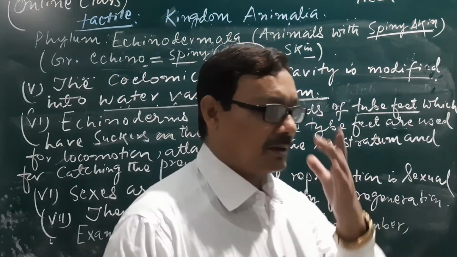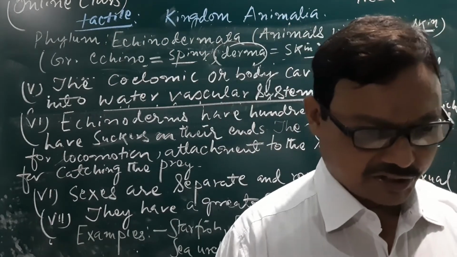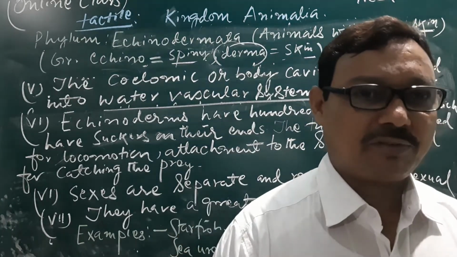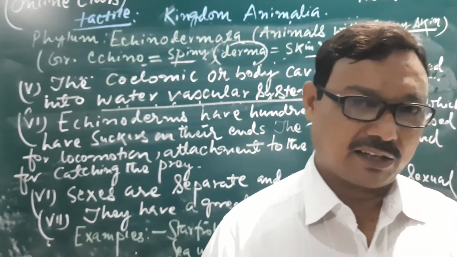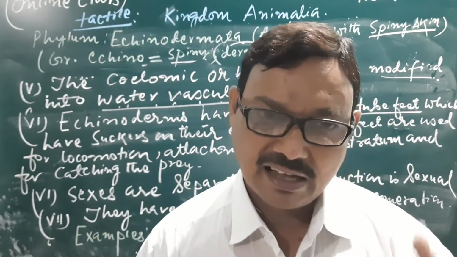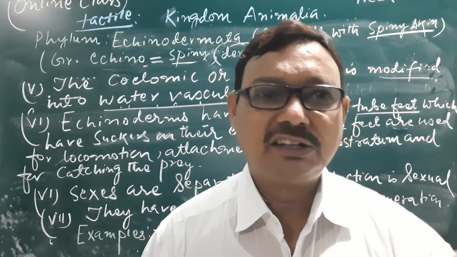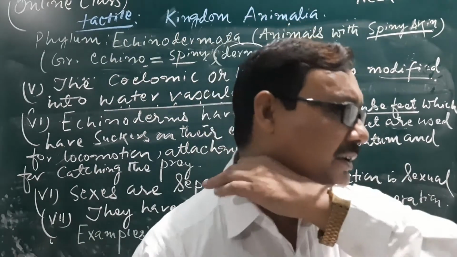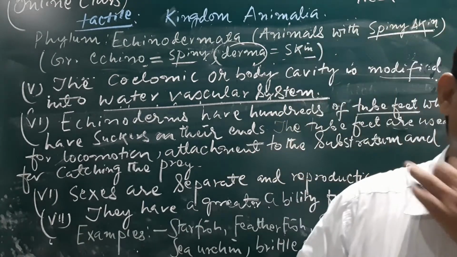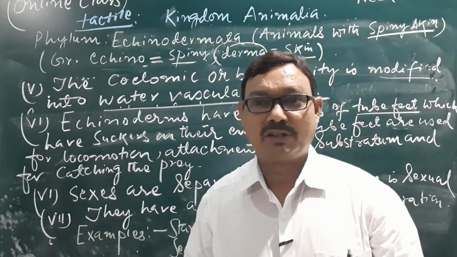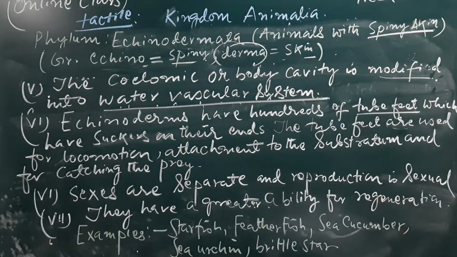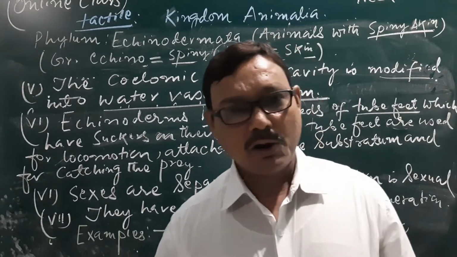Before that, we have one intermediate phylum, the protochordata, which is the link between the non-chordates and the chordates, because they have the notochord at the embryonic stage. In the vertebrates, which are also a subphylum of chordates, the notochord persists as long as life, and it is replaced by the vertebral column.